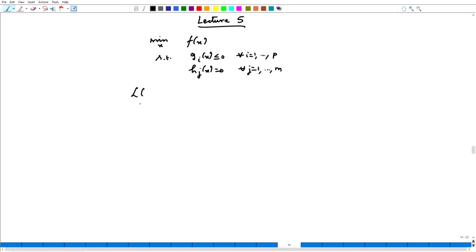Okay. So, let us assume that f is a function from R^n to R. So, that means x is a vector x1 dot dot xn.